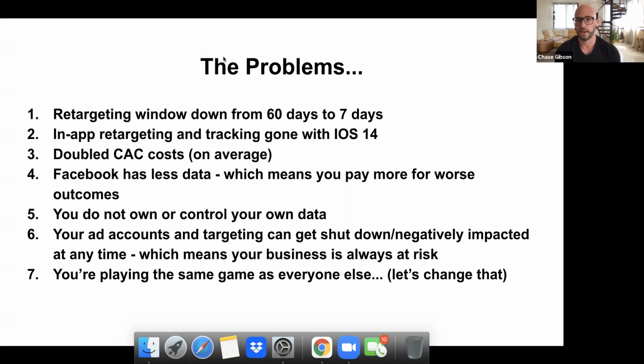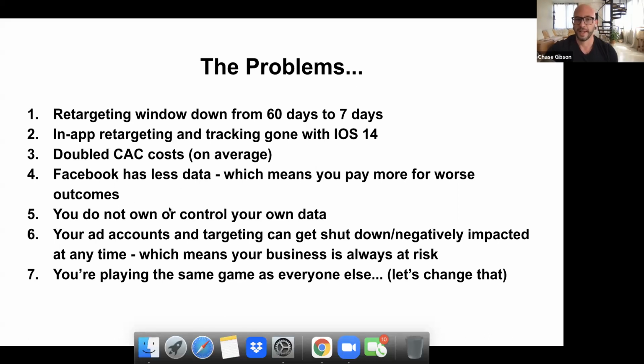So the main problems that I want to help you guys solve, and that I'm currently helping other e-com store owners solve in my business, is overcoming the retargeting window, being able to still actually get the customer acquisition costs you want, regardless of the retargeting window and the tracking that you're losing from Facebook.